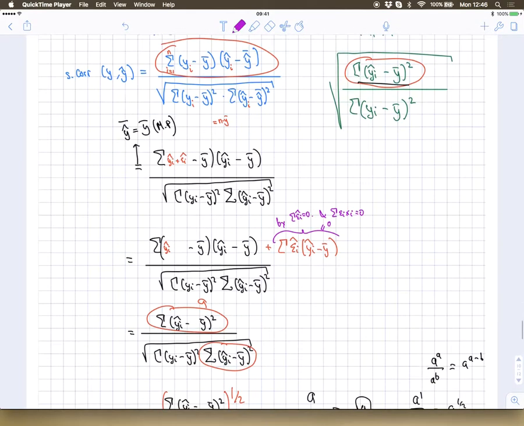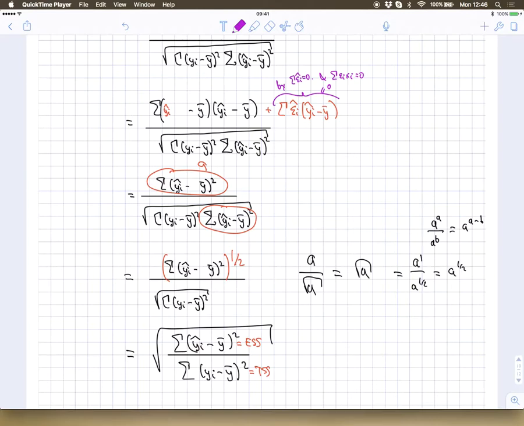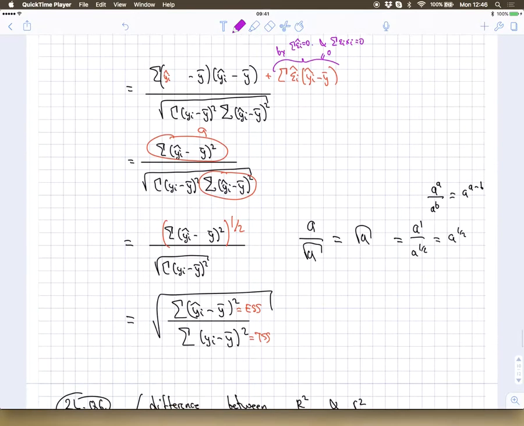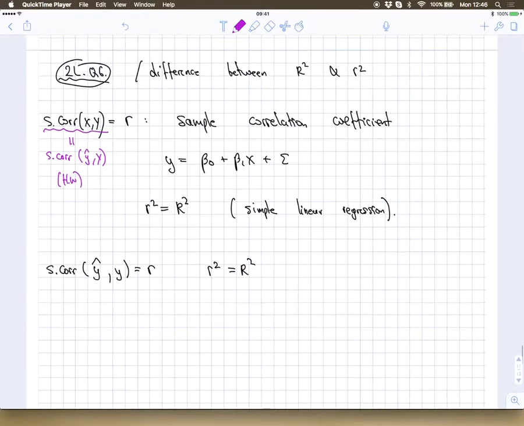At no stage did I assume that I was dealing with a simple linear regression model, with just one explanatory variable or non-constant explanatory variable. And that's really the relationship between these two. So stop here.